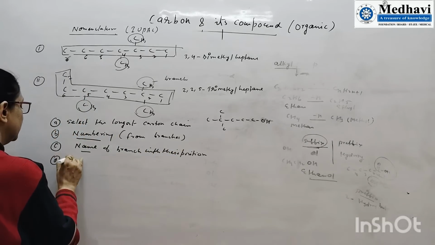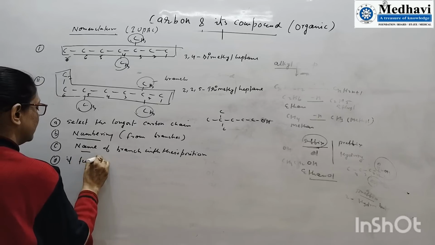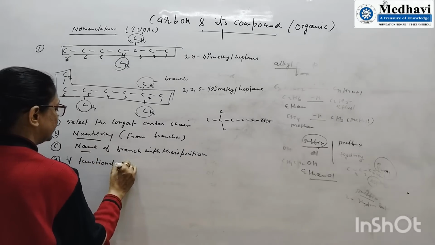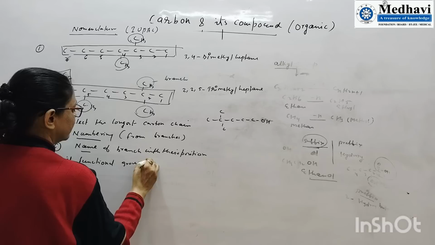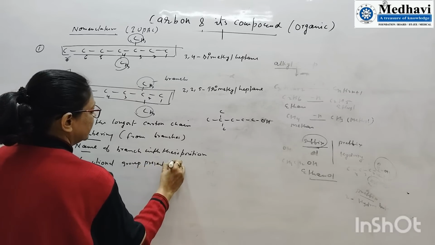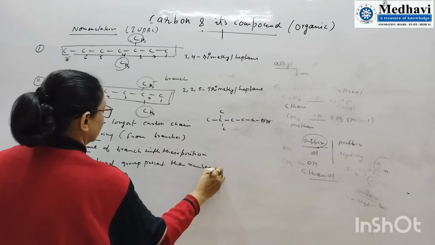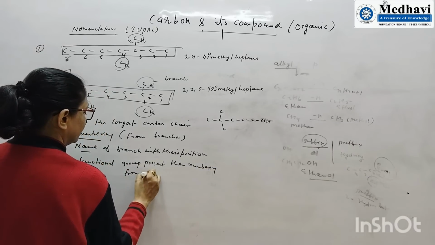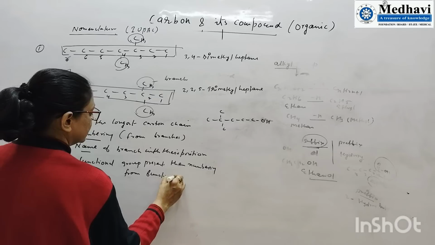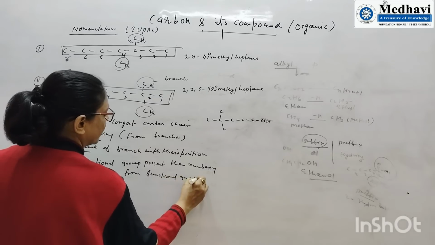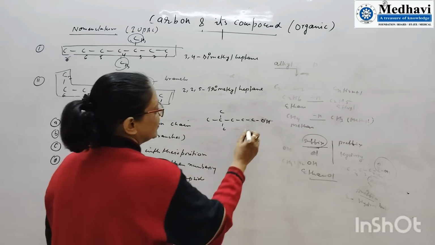So the fourth rule is, if a functional group is present, then numbering is from the functional group side. That is important. So here we will number from this side.